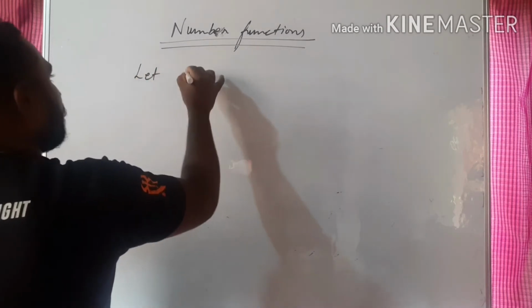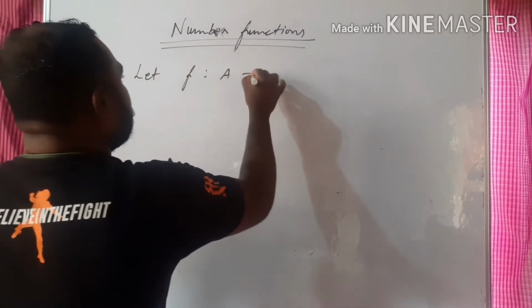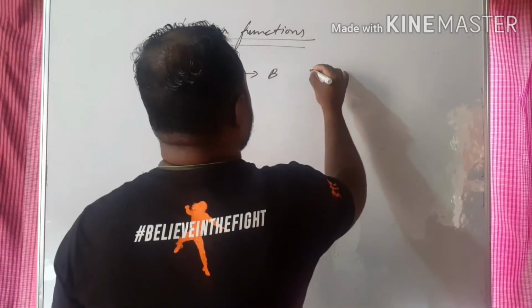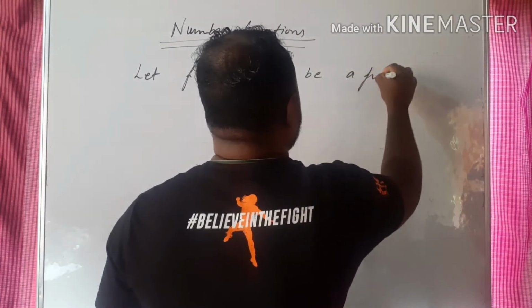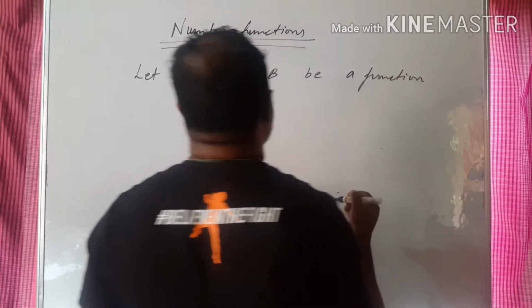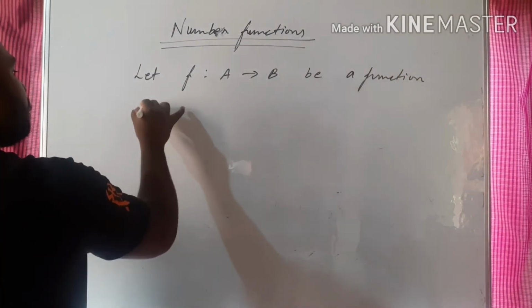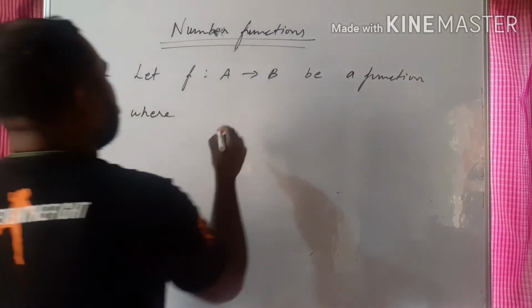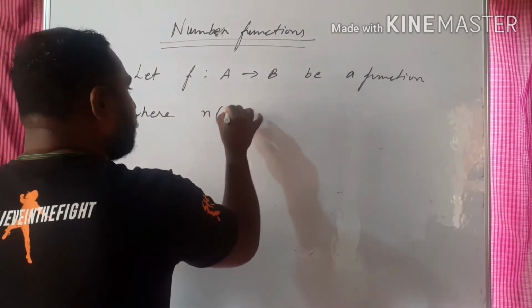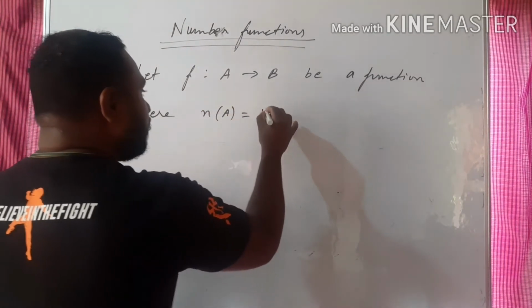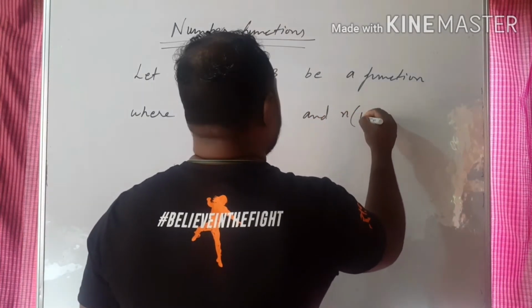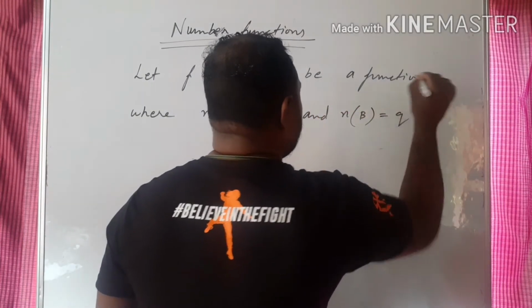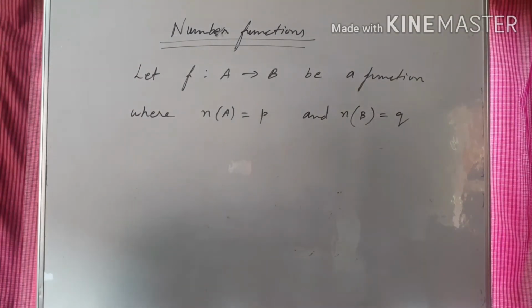Let f from a to b be a function where the cardinality of a is equal to p, and the cardinality of b, I am taking q. So I am considering a function from a to b.